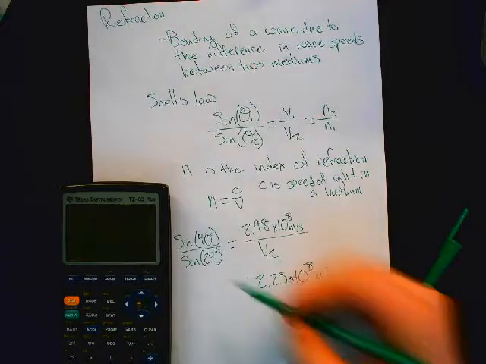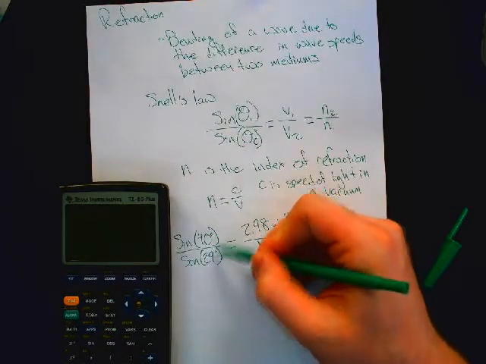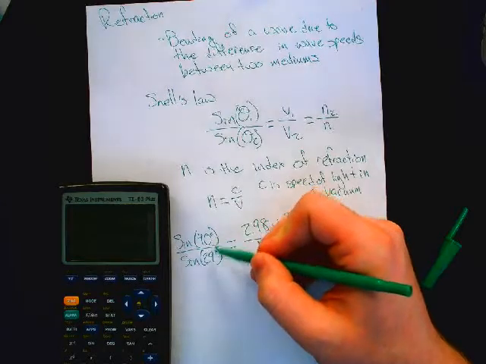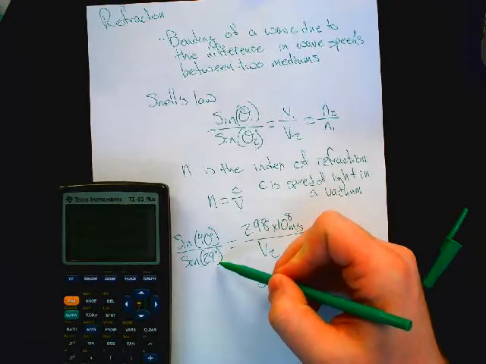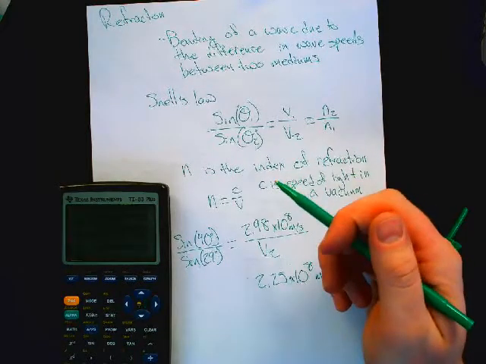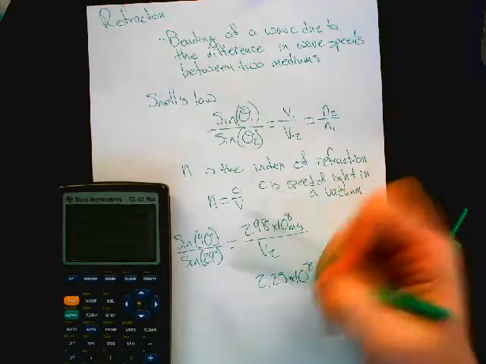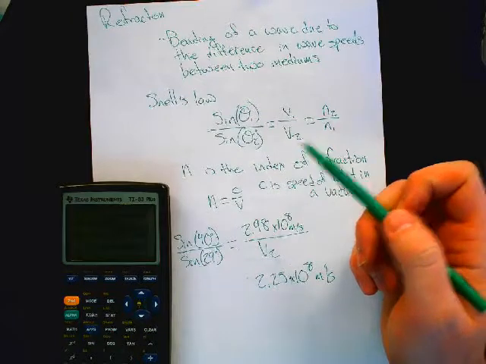Meaning that if either of these angles caused the sine value to be, say, if this became sine of 0, then my equation would no longer function correctly, because I can't divide by 0, right? Okay.